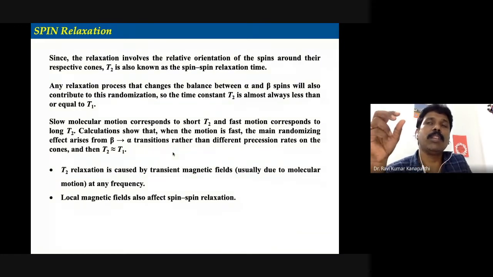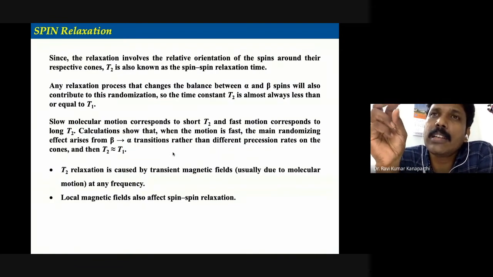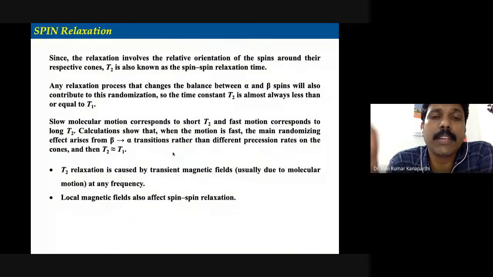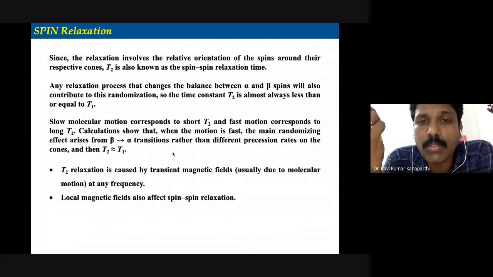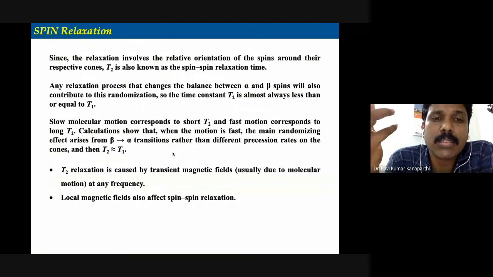So certain nuclei will precess at a frequency which is slightly different from other nuclei precessing in the same place but located at a different position in the sample. That is called the magnetic inhomogeneity. This magnetic inhomogeneity actually broadens the signal, right?